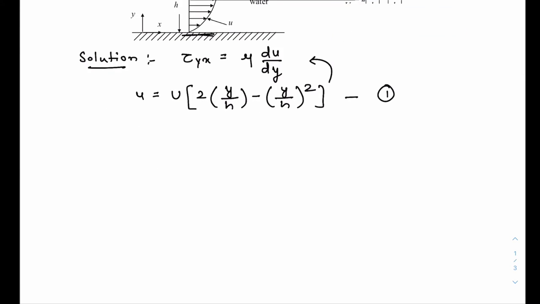So let's find the derivative du by dy. It is equal to capital U times 2 by h, because the derivative of the first bracket term is just 1 by h, and the derivative of the second bracket term is 2 times y by h square.